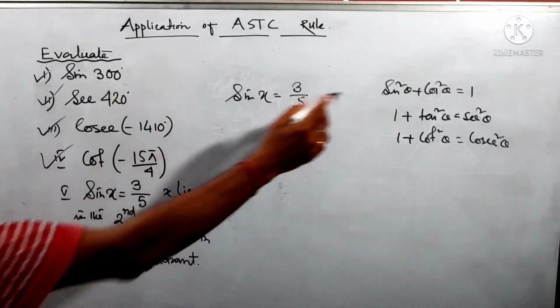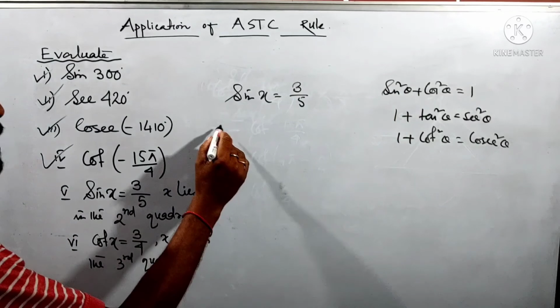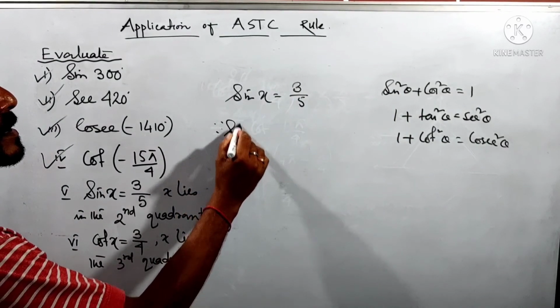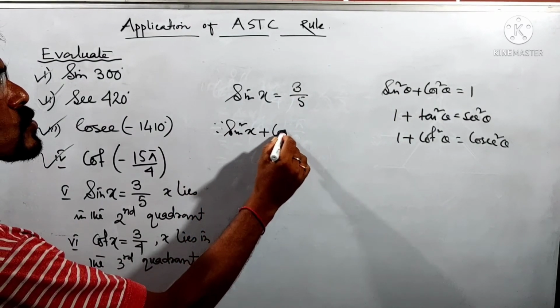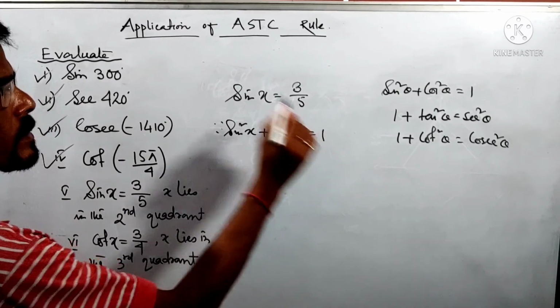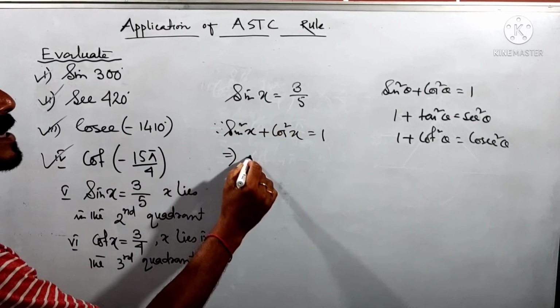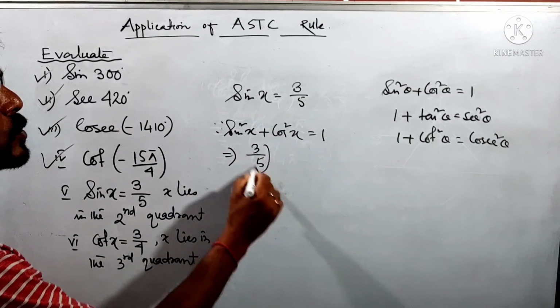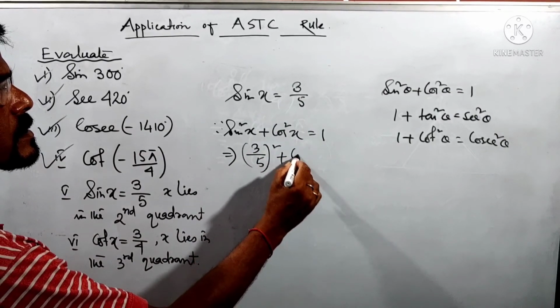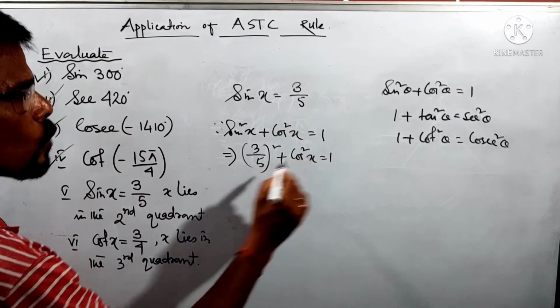You know the formula, sin square theta plus cos square theta equal to 1, so sin square x plus cos square x equal to 1. Just putting the value of sin x, it will be 3 by 5 whole square plus cos square x equal to 1.